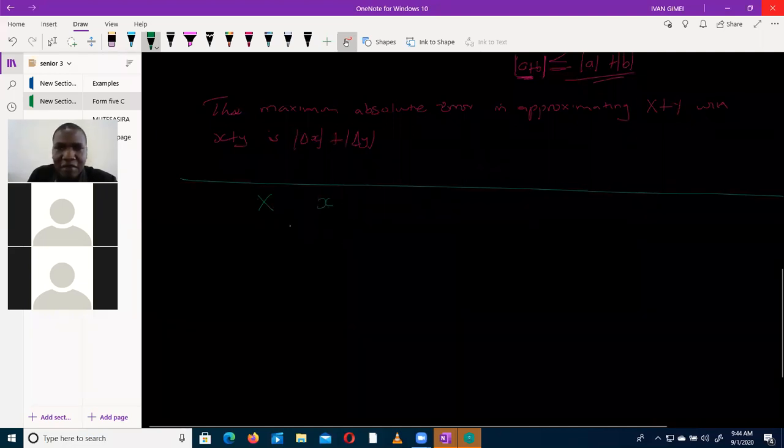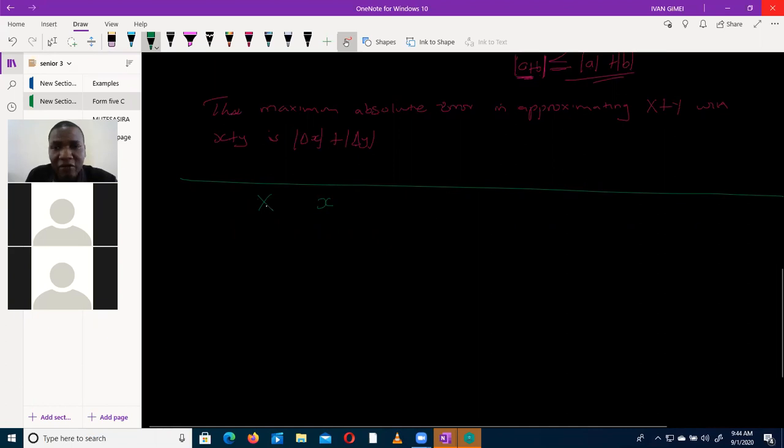Maybe it is 3.333, you round it off and write it as 3.3. So capital X is representing the exact value, small x is representing the approximated value. By writing capital X as small x, you're making an error in it, and we're referring to that error as dx.